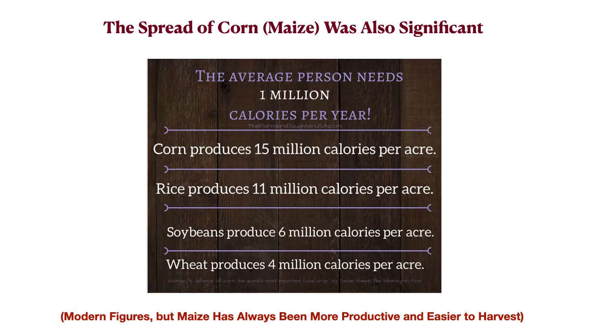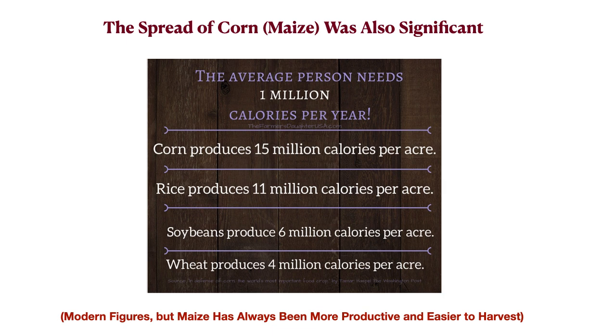I'll briefly just talk about the spread of corn, or maize as it's called in Europe, which is also very significant because, again, it's more productive, produces more calories than wheat or rye or oats or barley, the main grain crops. This is modern figures after the modern technological developments.